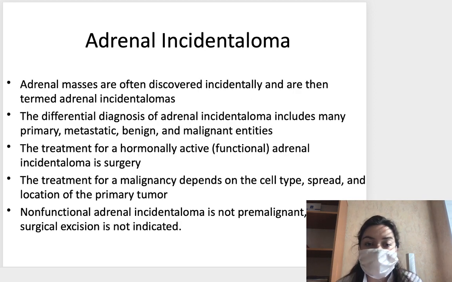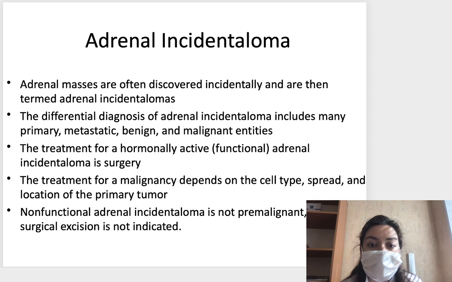And one more name for today, it is adrenal incidentaloma. Adrenal masses are often discovered incidentally and they are then termed adrenal incidentalomas. The differential diagnosis of adrenal incidentaloma includes many primary, metastatic, benign, and malignant entities.